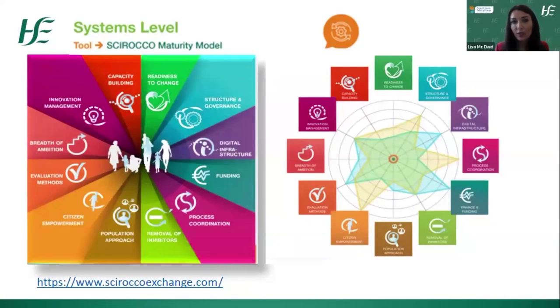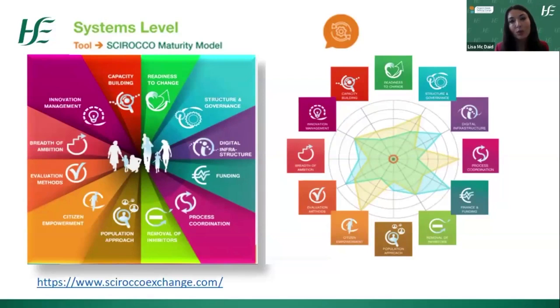This tool evaluates a system's readiness for integrated care by examining 12 essential dimensions. So you can see the 12 dimensions on the screen on the left-hand side. It has been validated and tested in over 71 regions and organisations, and it is available in 9 languages.